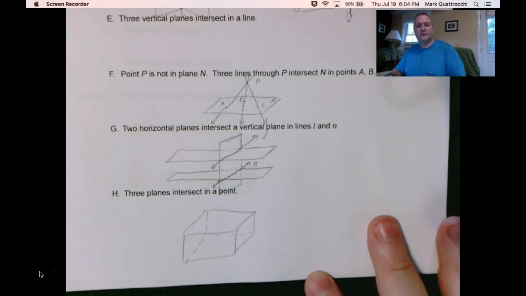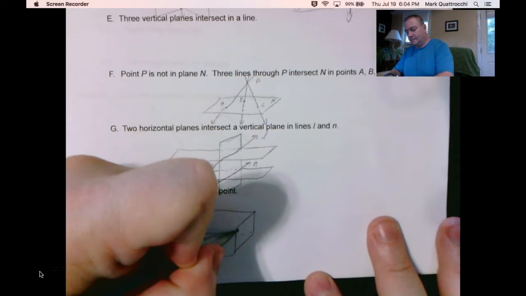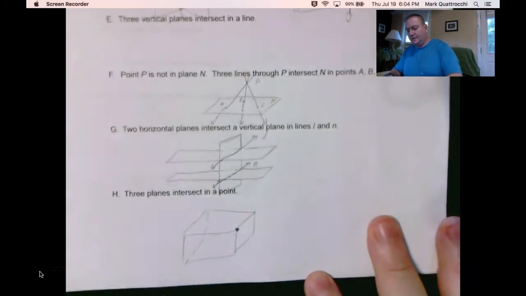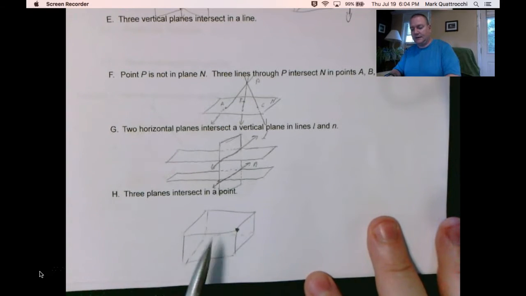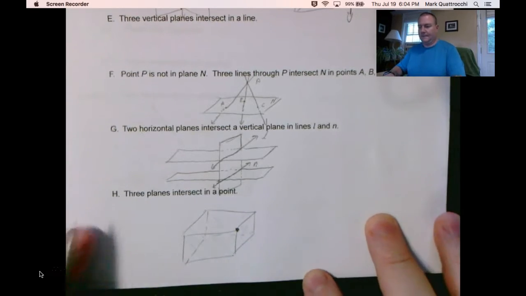Just a quick sketch of the cube, and pick any of the vertices on that cube. This vertex is the intersection of the top plane, the right plane, and the front plane. And I have drawn part H, 3 planes intersecting at a point, right there.